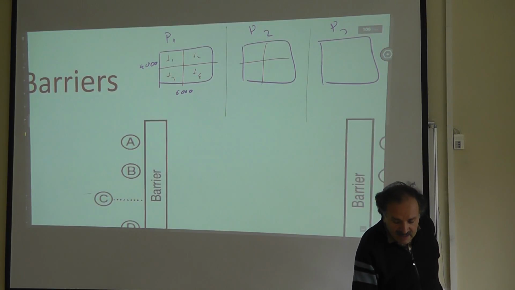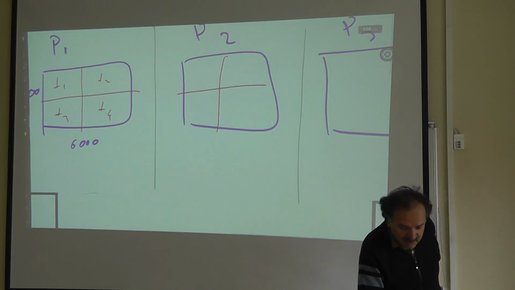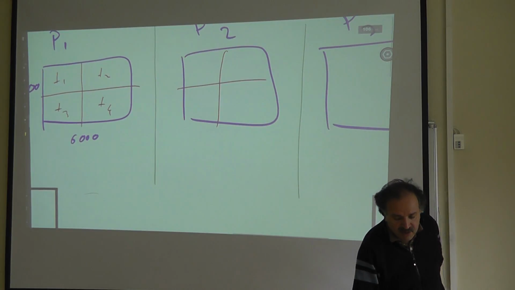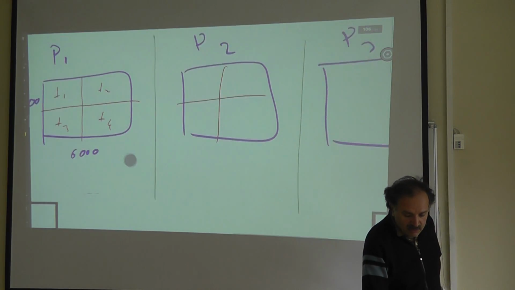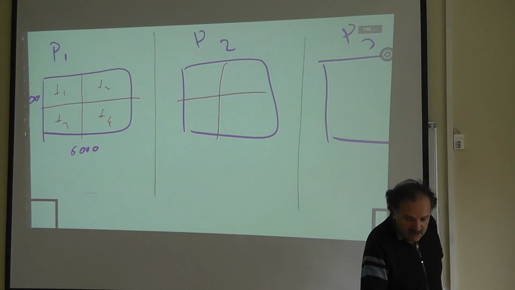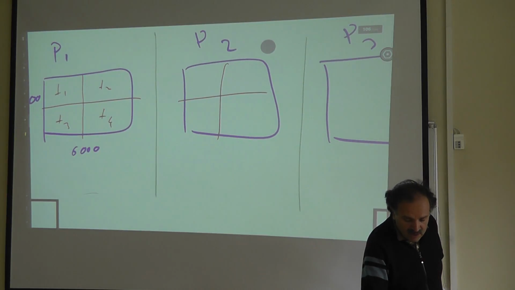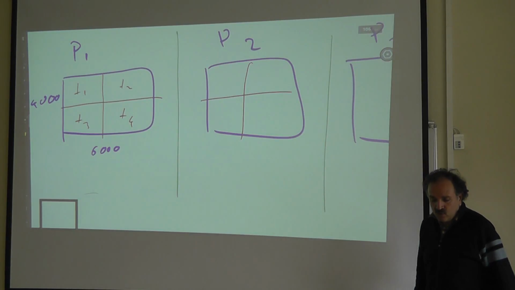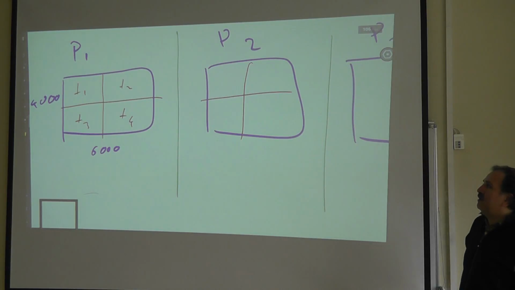I cannot have T1 working on this part and T2 working on this part, because I need to load this picture number 2, and I need to erase picture number 1 from my memory because it is taking so much memory.